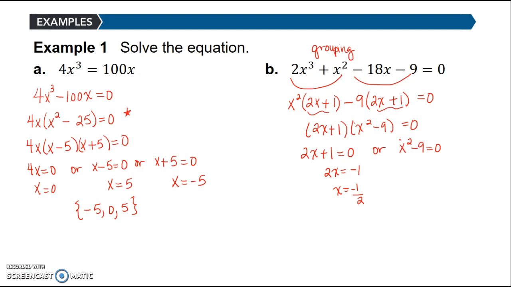X squared minus 9 equals 0 can be solved by the square root property. We can set x squared equal to 9, and then apply the square root property to get x equals plus or minus the square root of 9, which is plus or minus 3. So our 3 solutions, the smallest of those is negative 3, then negative 1/2, and positive 3.